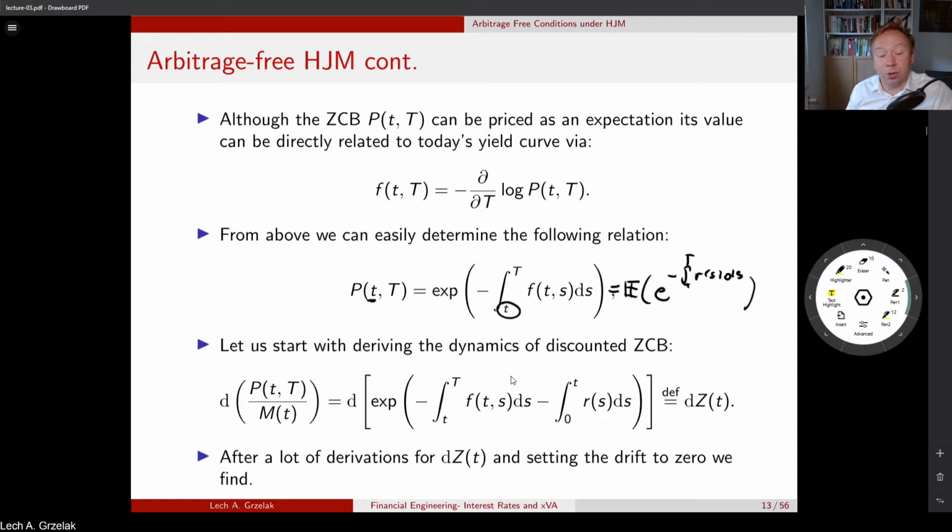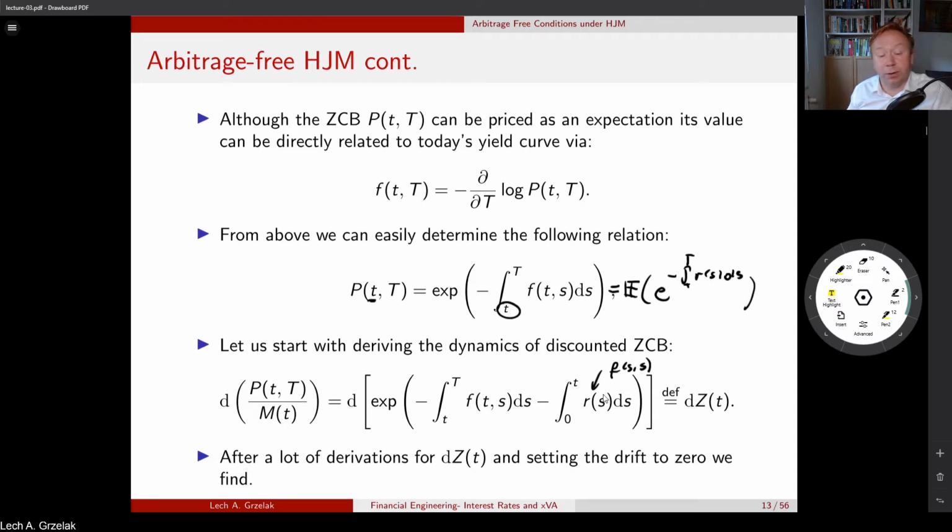And so after substitution of all these terms for zero coupon bond and money savings account, we end up with the dynamics of this expression. Of course, this part is also f(s,s), by the definition we have seen in the previous slide. So you see that we have an expression for the ratio of the asset divided by the money savings account.